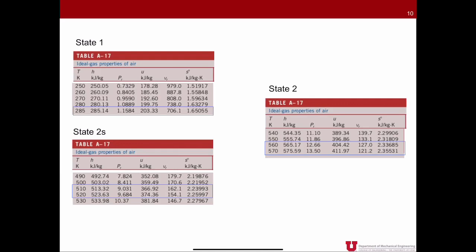In this table you can find temperature, enthalpy, reduced pressure, specific internal energy, reduced specific volume, and entropy s°. That is the part of entropy which is only a function of temperature. Then at 285 Kelvin, you can find H values and all other values.